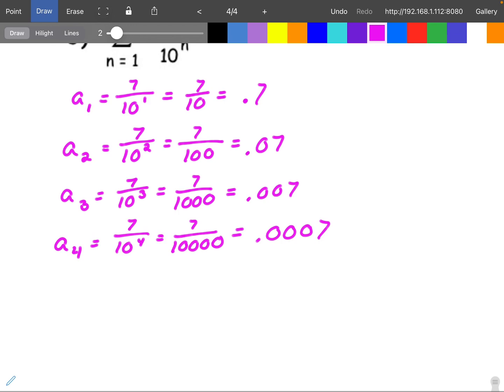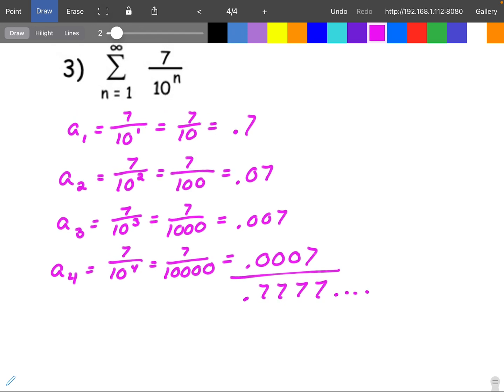So if we see our pattern, if we add these together, well, think, every term from here on out is just going to have one more 0 if it's following the pattern, which means if I add these together, even if I just add these, I'm going to get 0.7777, and it's going to continue, which means that no matter how long I list this out and add it, it's just going to keep putting 7s on the end.